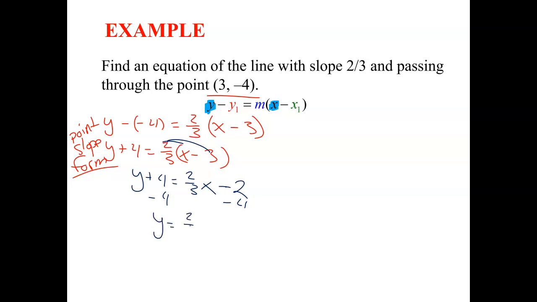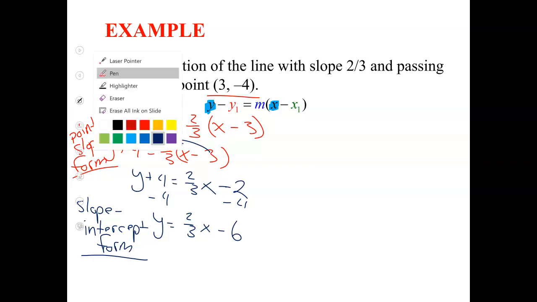Y equals 2/3 x minus 6. So there's slope-intercept. Last thing we're going to do is write it in standard form.